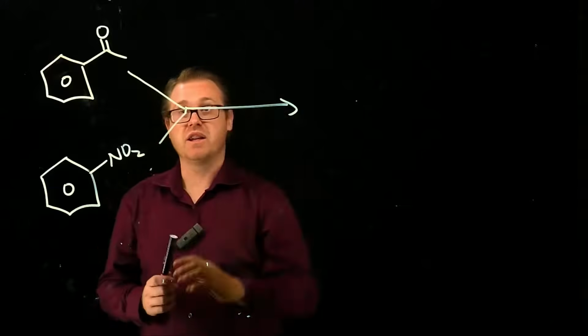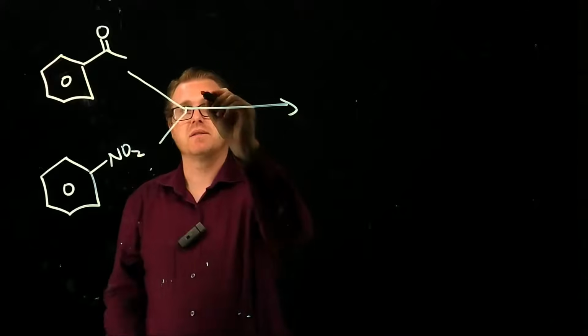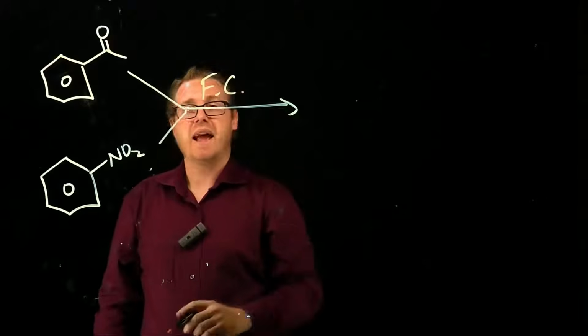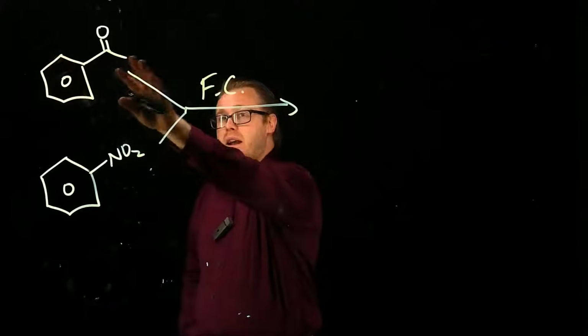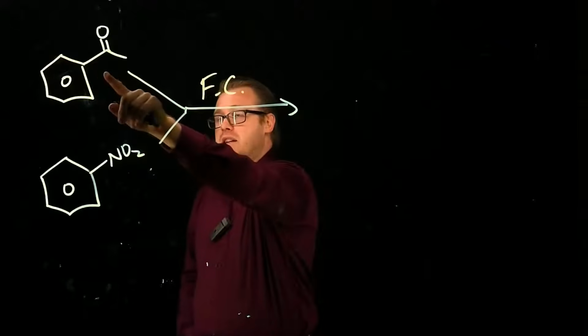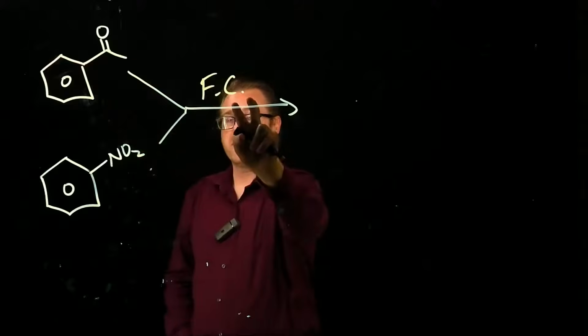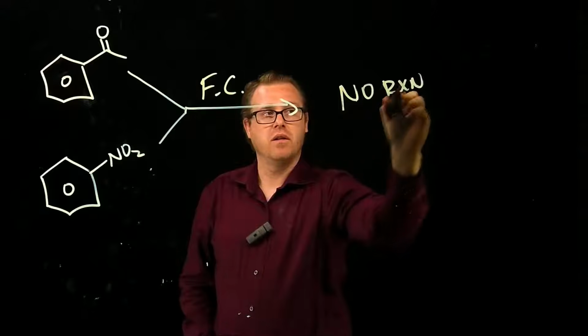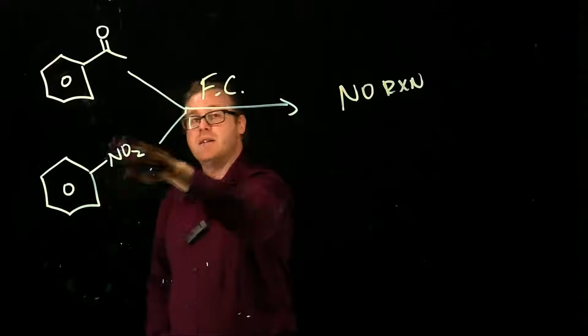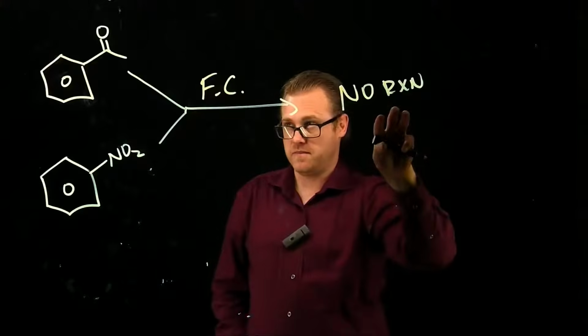That's what's right here, the conditions for those, the Friedel-Crafts. If you try to do this reaction with this starting material, you would get no reaction. And if you tried this guy, you get no reaction.